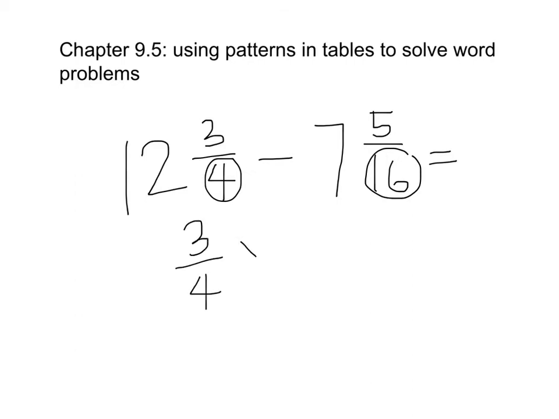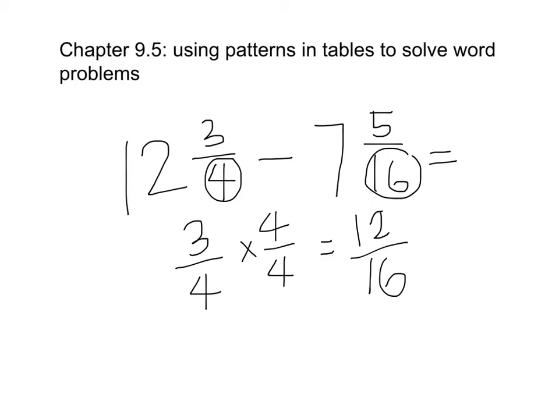Because you can't do 3/4 times 4, because 4 is not 1. And then you would get 12/16. And why am I trying to change it to 16ths? Because the 7 and 5/16 already has 16, so it makes it a lot easier to do the problem.